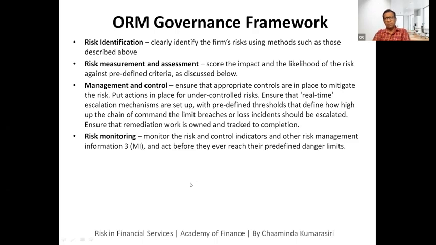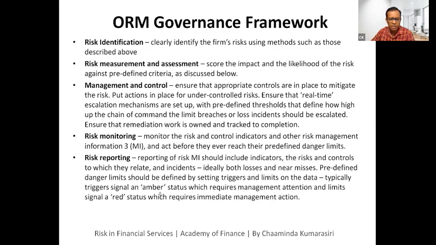Because some organizations don't believe in it. So most of the banks, I think large banks, they have a separate risk management system, an automated system. That is very important for organizations to capture data from different points and then assess them when you manage the risk. Right. The next one is risk reporting.